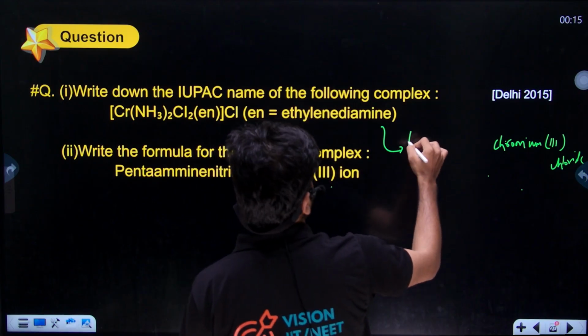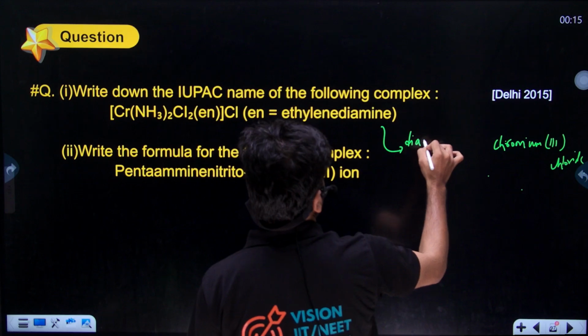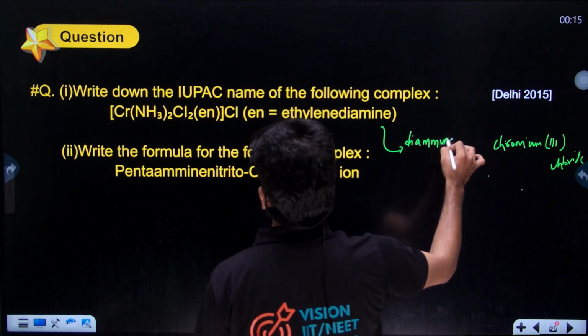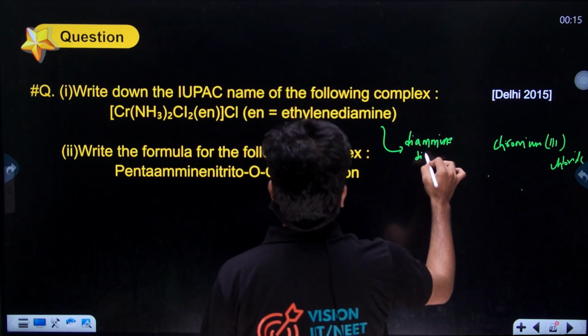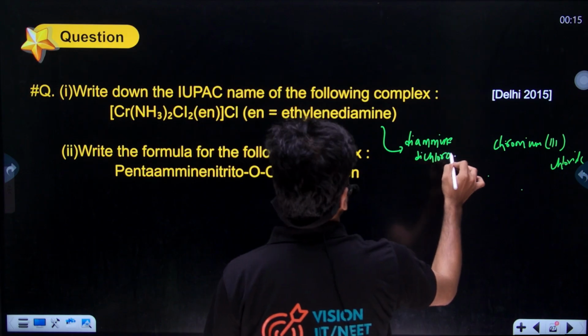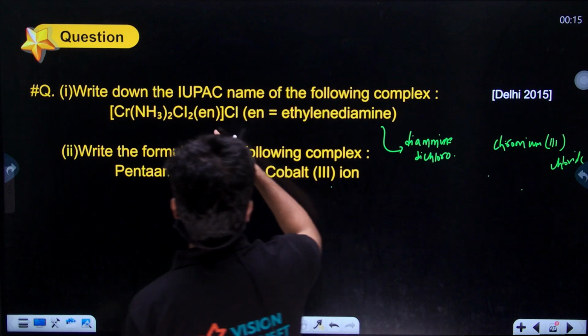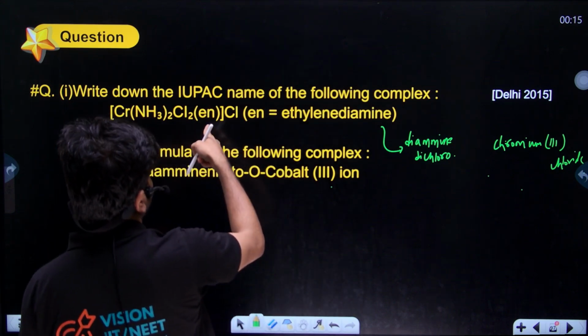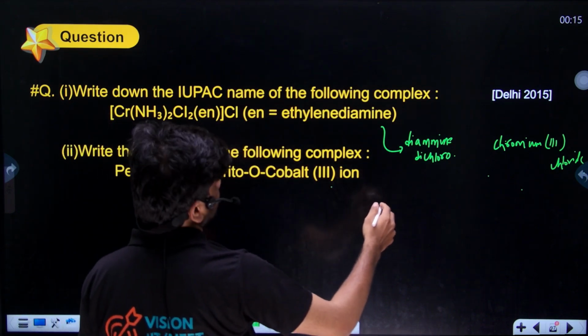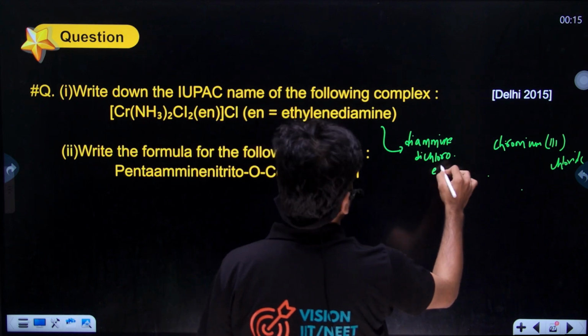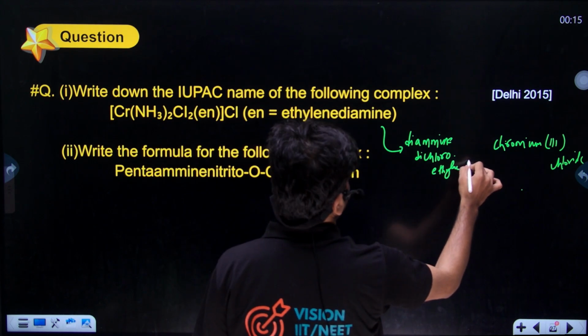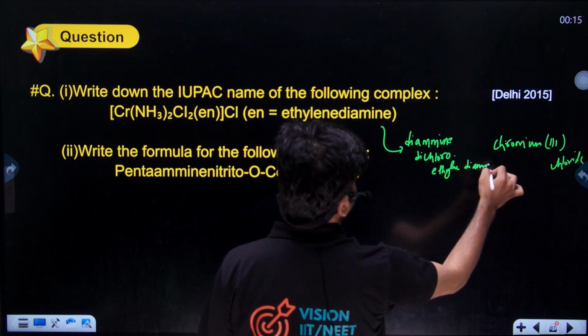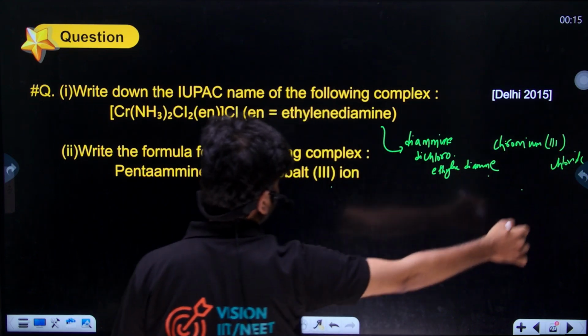You have diamine, dichloro. You have only one here, dichloro. Then you have ene, right? Ene is what again? Ethylene diamine. Then you have chromium(III) chloride.